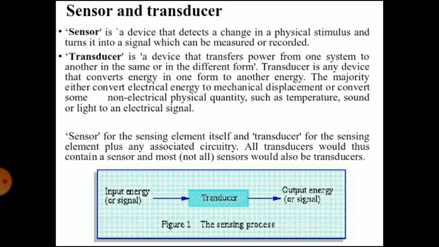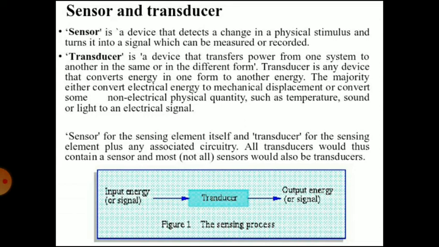A transducer is a device that transfers power from one system to another in the same or in a different form. So the transducer is any device that converts energy in one form to another.